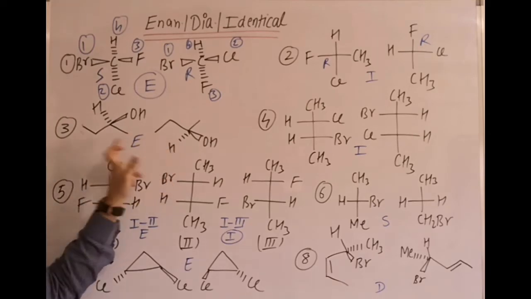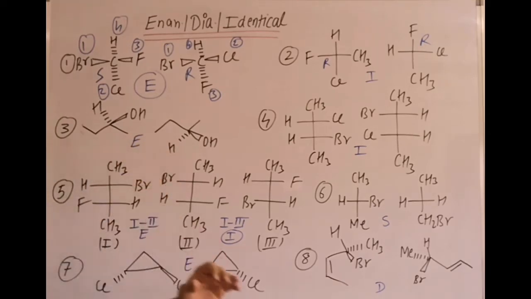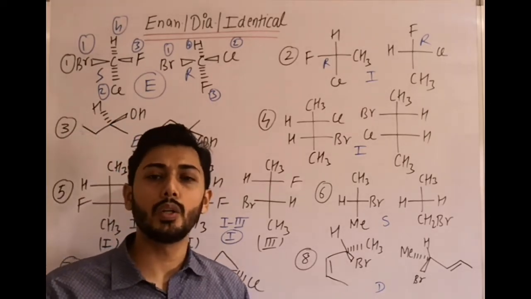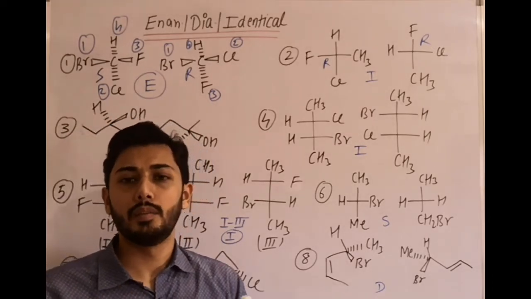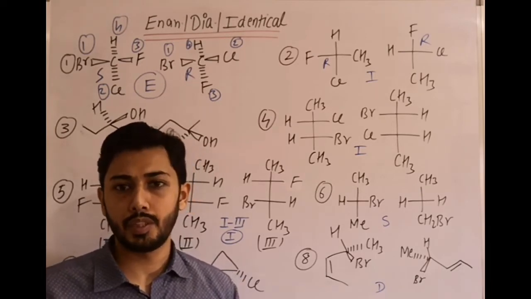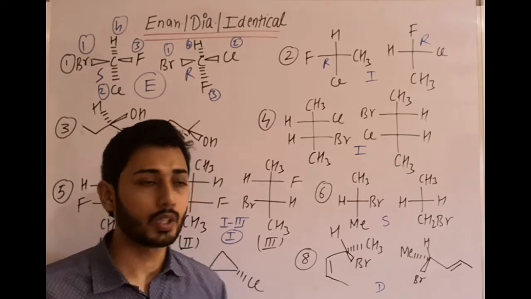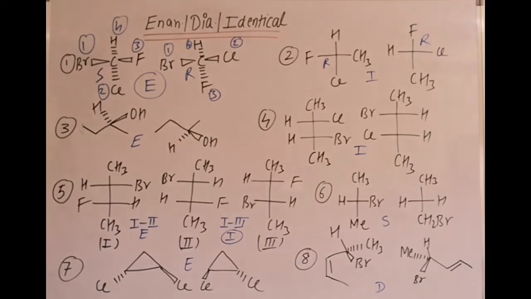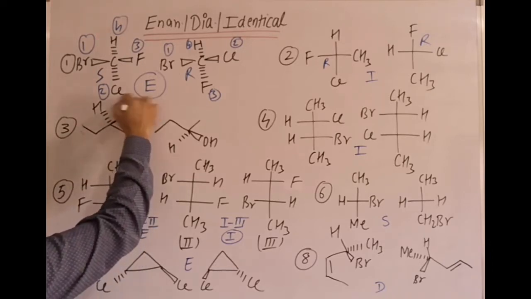This is wedge dash. In wedge dash, if you remember the point, again it depends on which method you followed. What I am saying is the lowest priority group should be on the dash position. If it is there, no need to change the configuration. So here I am giving the priority as per CIP rules. Oxygen, this will be O, getting first number.